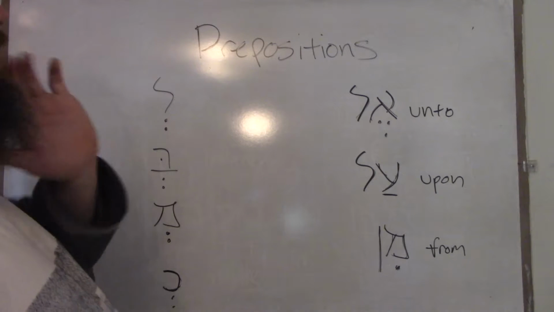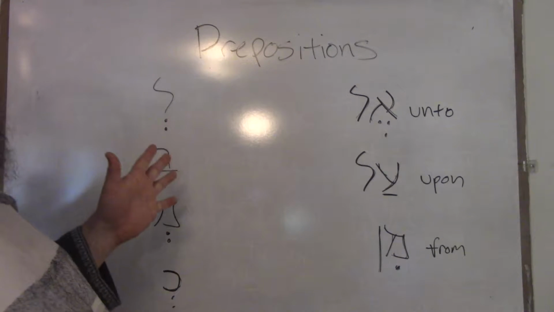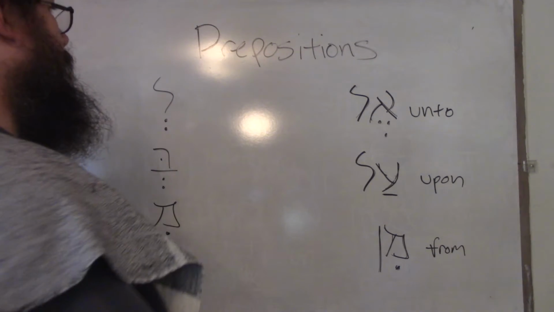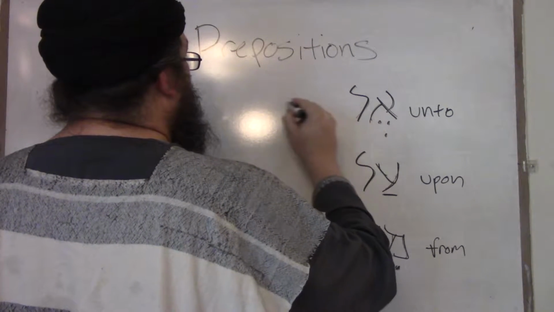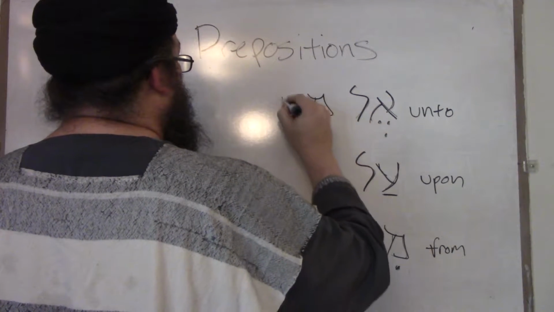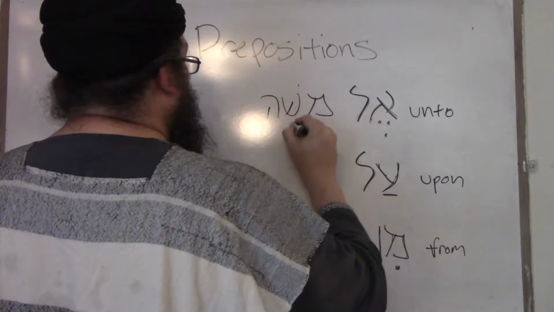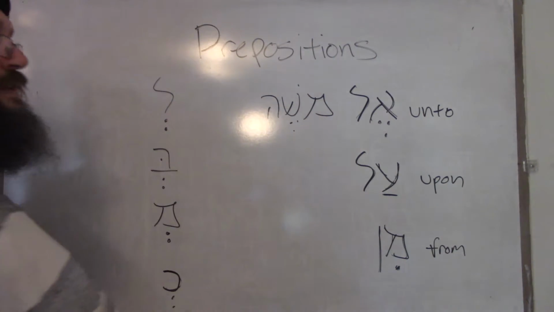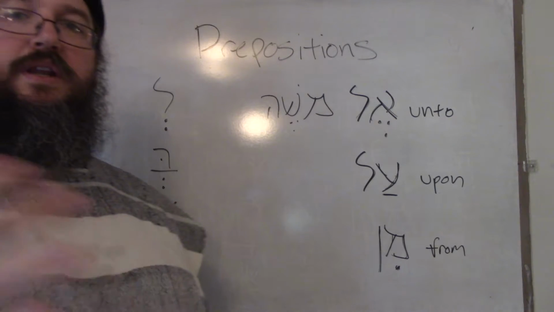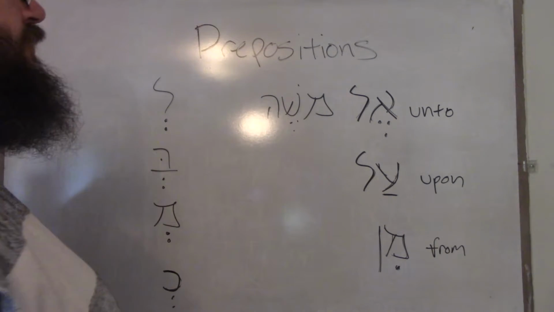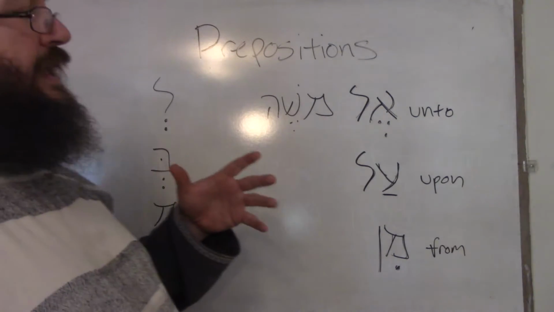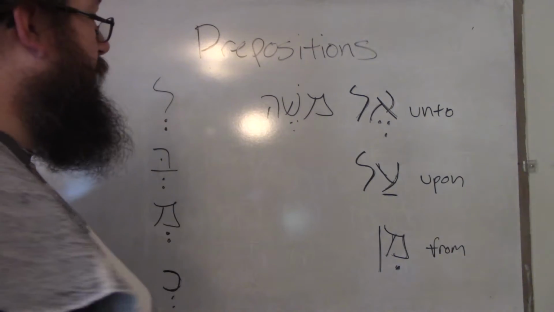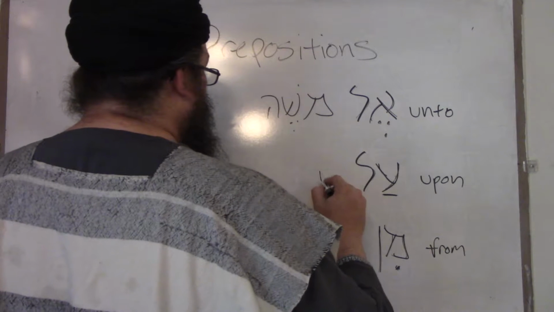Now, when we're adding a preposition to a noun, it's going to depend upon what the noun is. Let's say the noun is a proper noun. We'll use Moshe. Moshe, we know, is a definite noun by itself, so we don't need anything to make it definite. However, if we need a definite article, then we will add it to the noun.